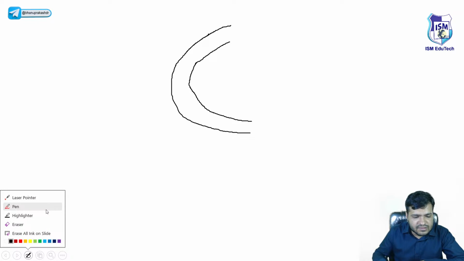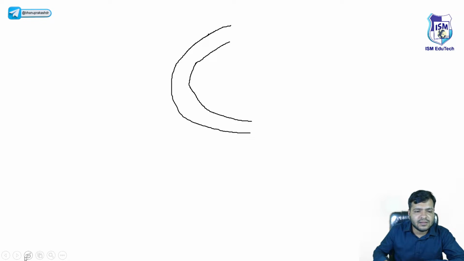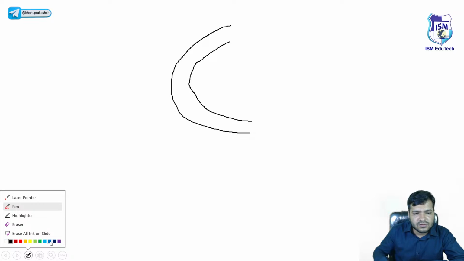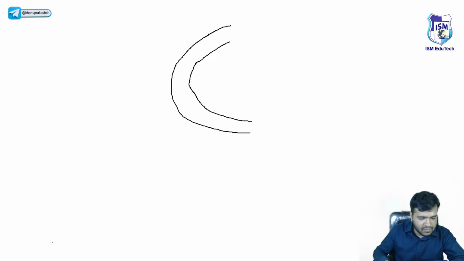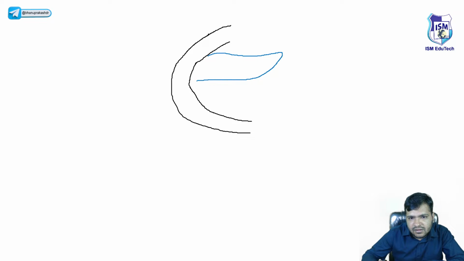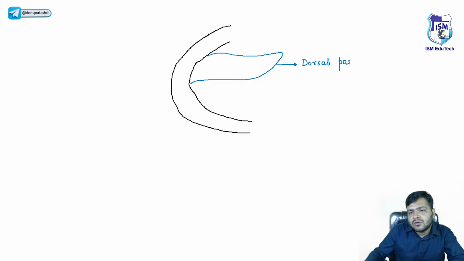Now what happens, guys, you can see over here that we have the dorsal pancreatic bud. I'll just draw it with another color. So basically this is the dorsal pancreatic bud.